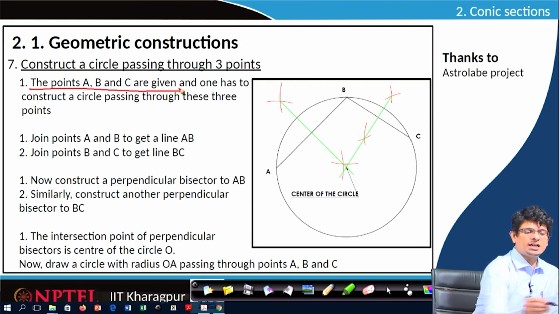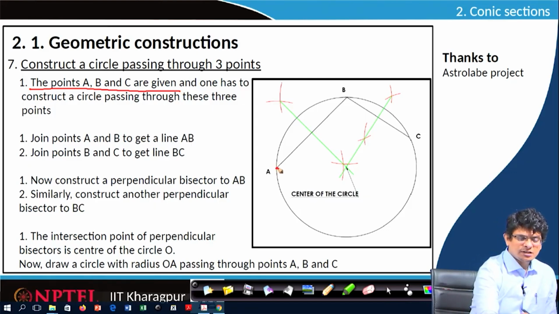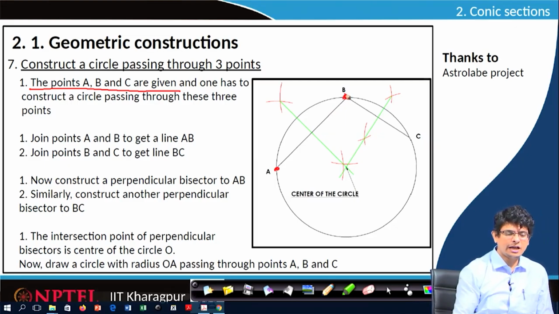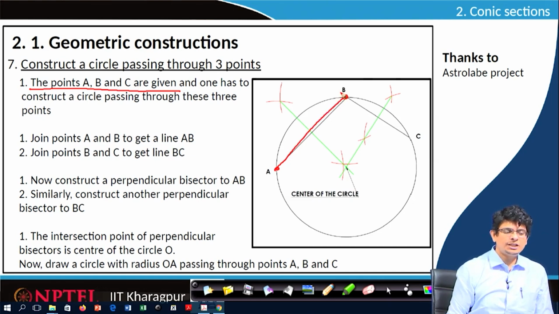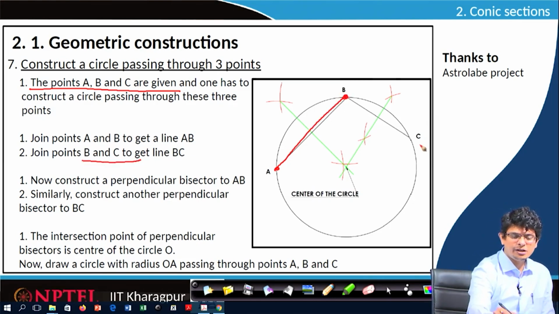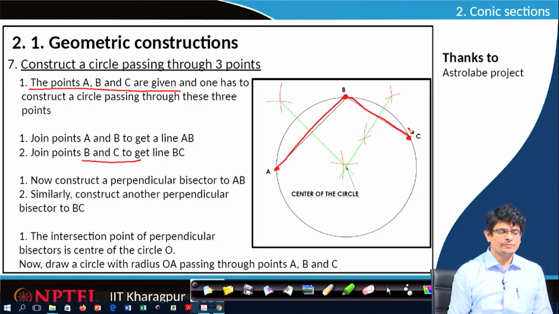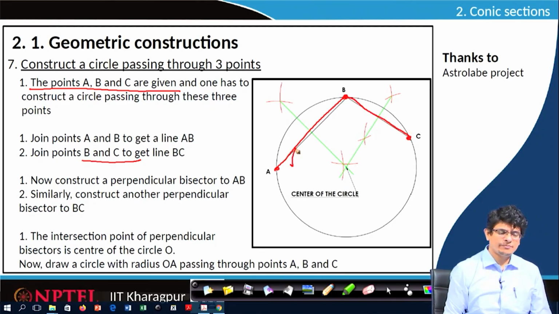Points A, B, C are given. The first step is to join points A and B to get line AB. This is the line we know. Similarly, join points B and C to get line BC. These two lines we got to know. Now, pick the first line AB.